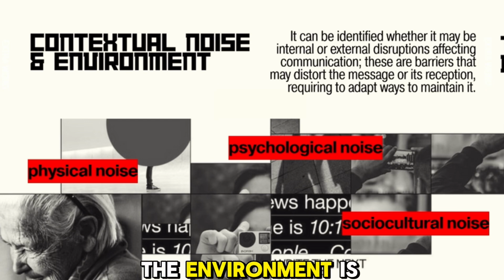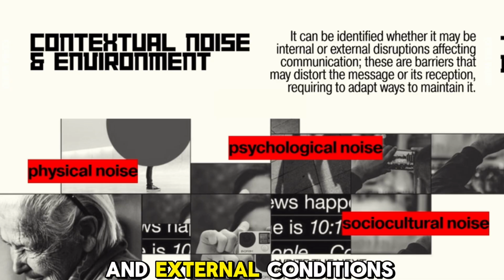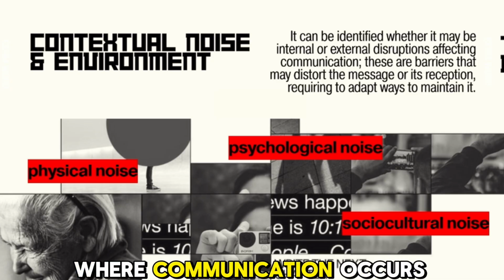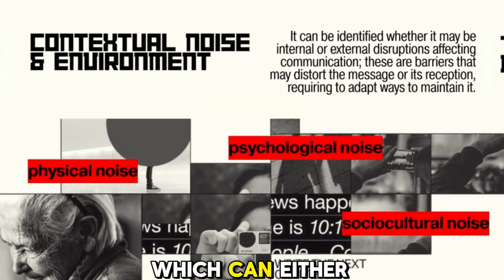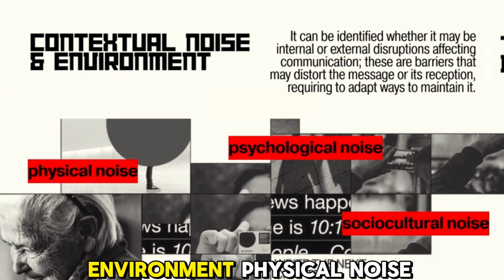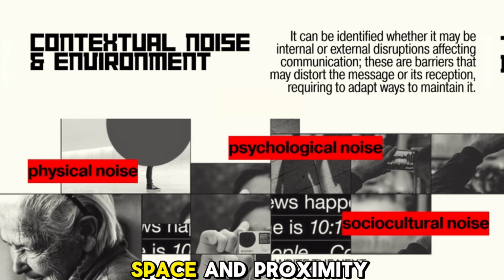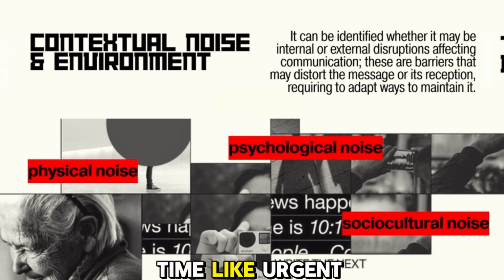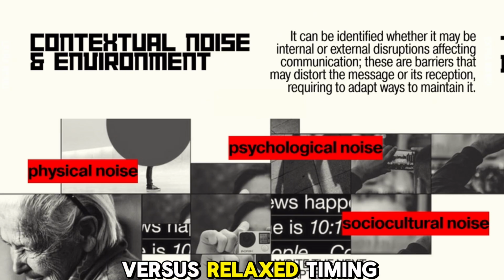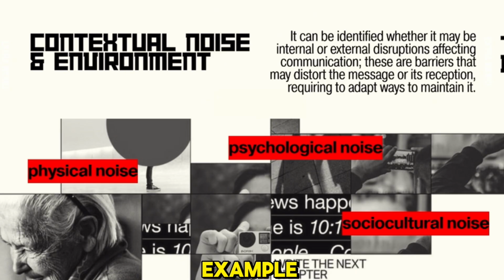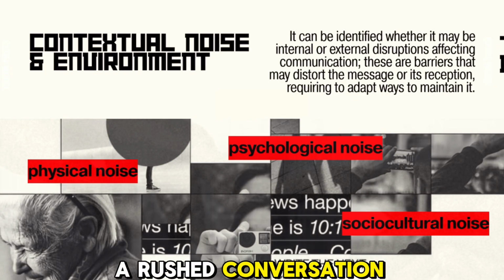Meanwhile, the environment is the physical setting and external conditions where communication occurs, which can either facilitate or hinder the process. Here are some factors in the environment: physical noise, technology, space and proximity, time, like urgent versus relaxed timing. Example, a rushed conversation.